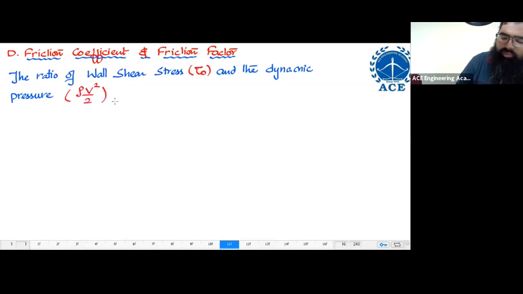Do you remember, half rho v square was dynamic pressure, is known as coefficient of friction or friction coefficient, anything you can say, is known as coefficient of friction.